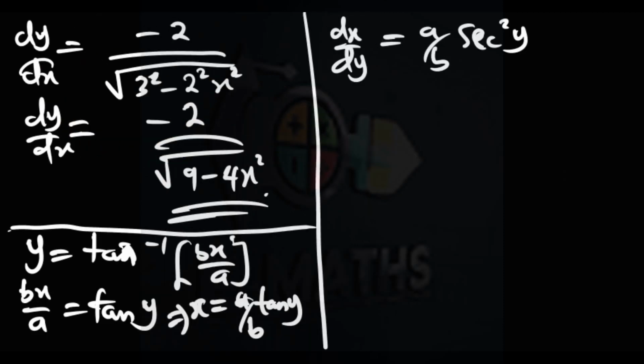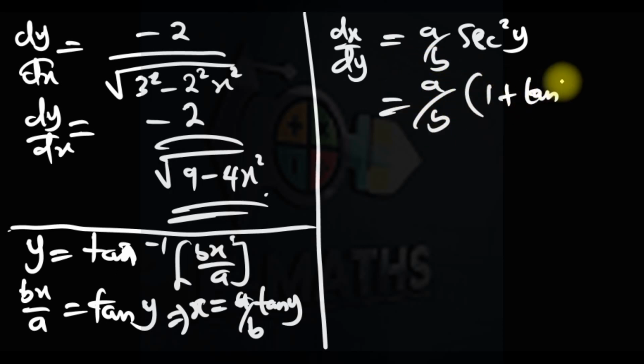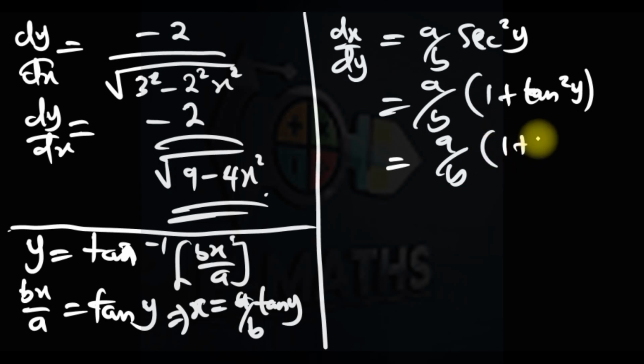So I have a over b, this is now 1 plus tan squared y. And from this, you can see that it's a over b times 1 plus tan. Tan is bx over a, so I have bx over a all squared.